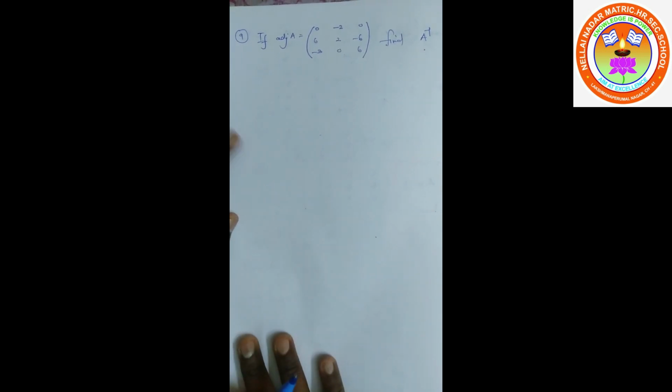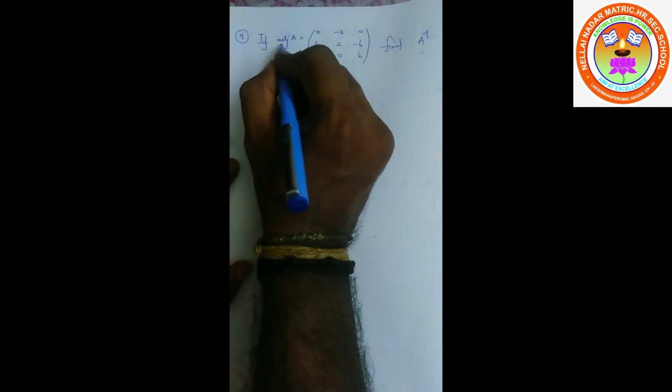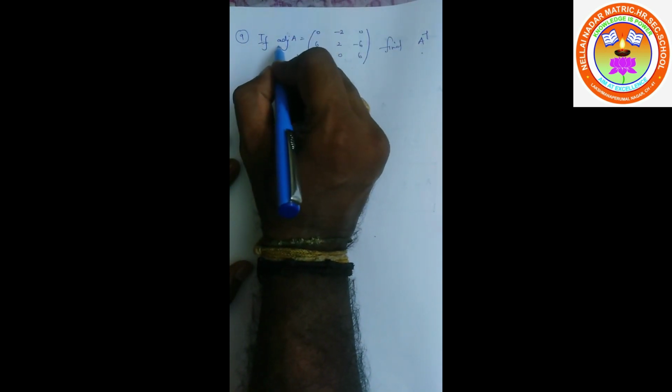Ninth sum. If adjoint of A is equal to 0, minus 2, 0, 6, 2, minus 6, minus 3, 0, 6, we need to find A inverse. The solution is the same as the previous sum.